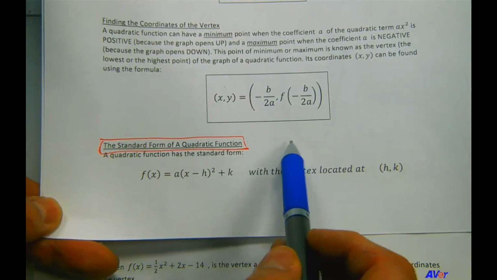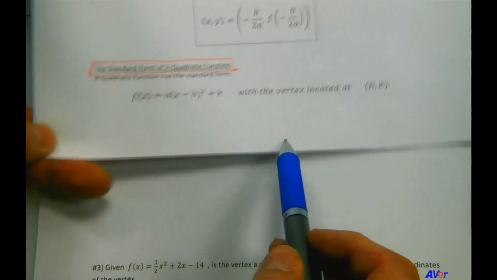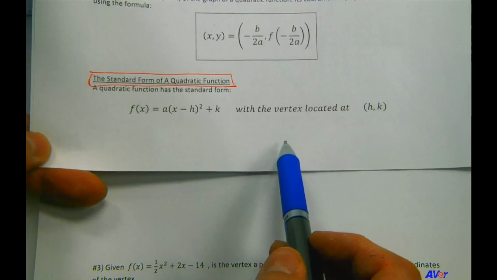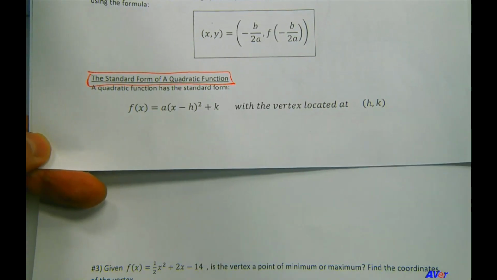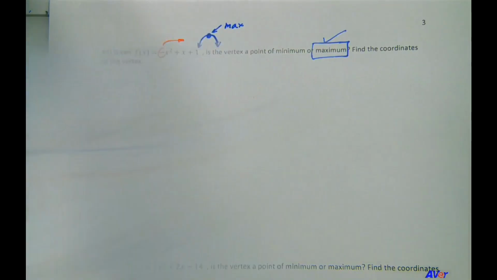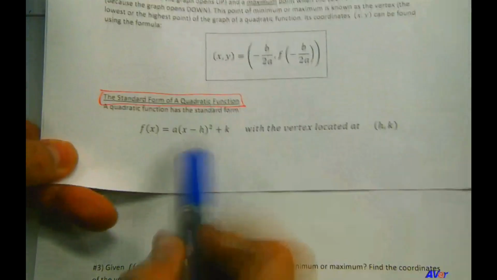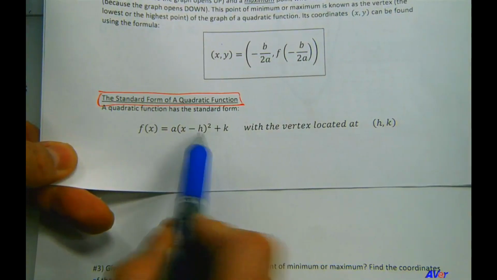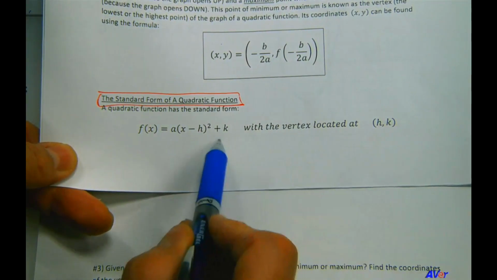Or you can use the method of completing the square, just like the example we did a few minutes ago, and rewrite this equation in this form, which will tell you what the coordinates of the vertex, h and k, are.